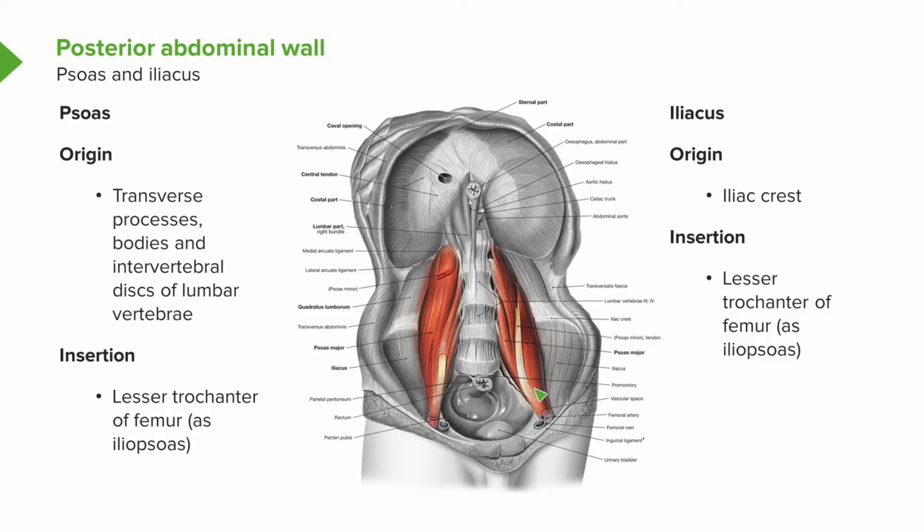Both of them insert into the lesser trochanter of the femur as iliopsoas, where they form a common tendon with iliacus muscle, which we'll see in a moment. Sometimes we can have a smaller tendon here. This is psoas minor, and the larger, deeper muscle will be psoas major.